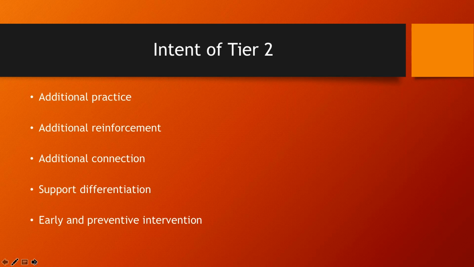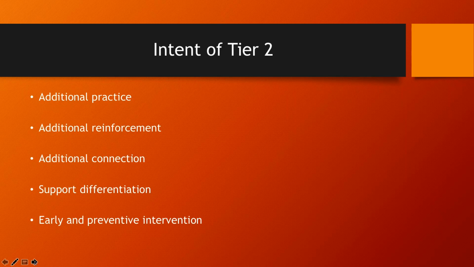But if we're seeing a student needing more than check in, check out, part of what we're looking at through the data is what next? How do we provide additional support to the student? So we want to be thinking about the student's behavior and what the data is telling us and their successes or their areas for growth in terms of whether they're showing us a skill deficit, a performance deficit, or an engagement motivation kind of concern.